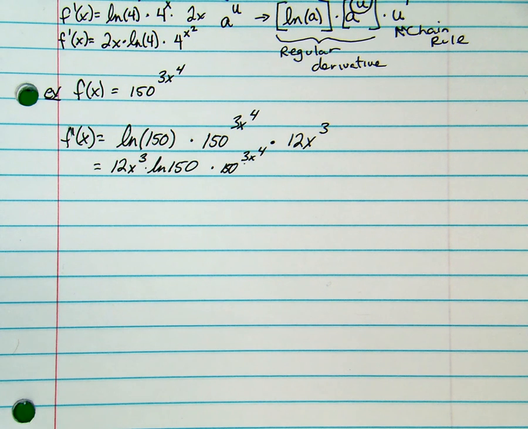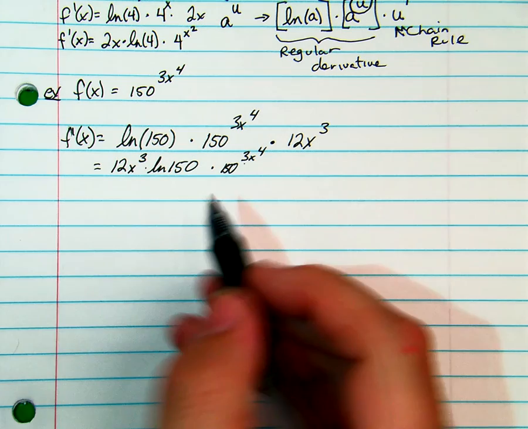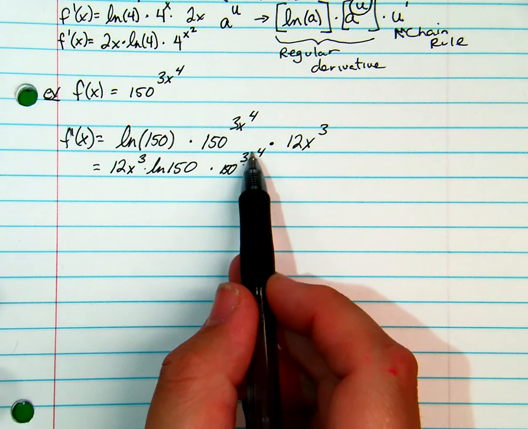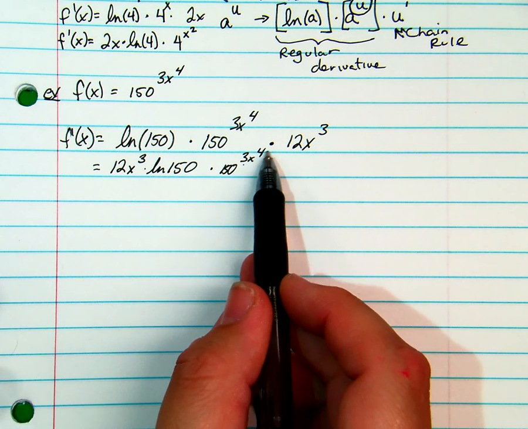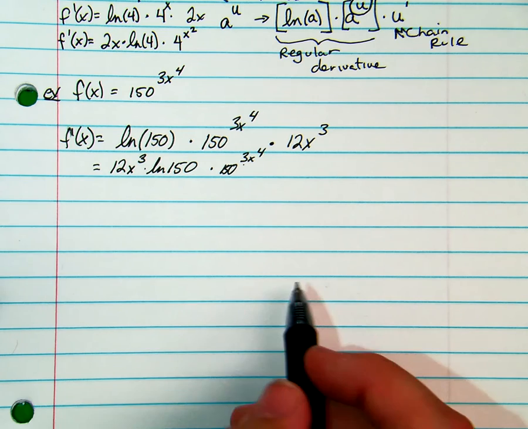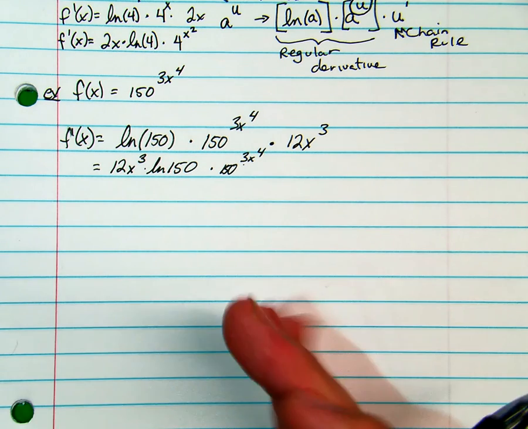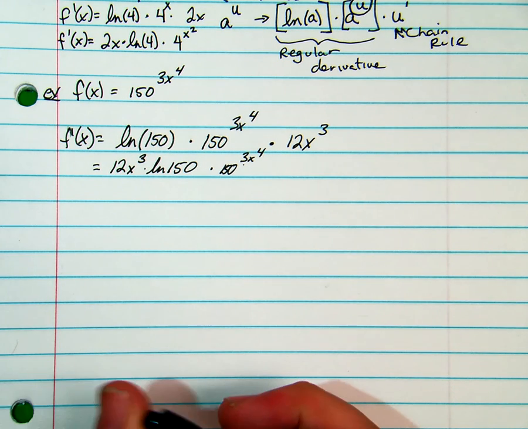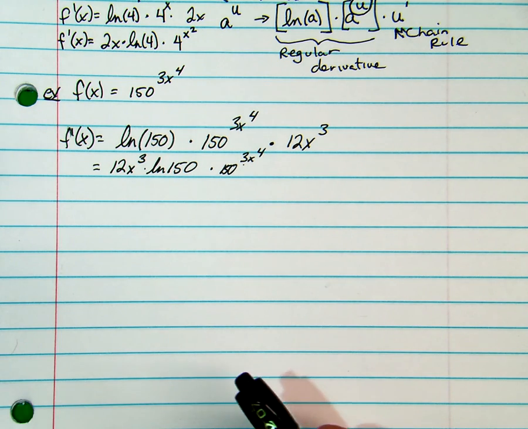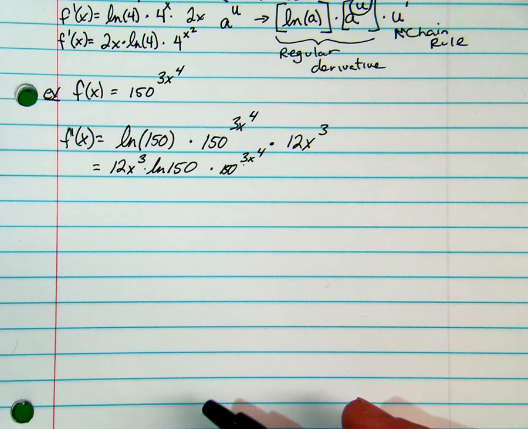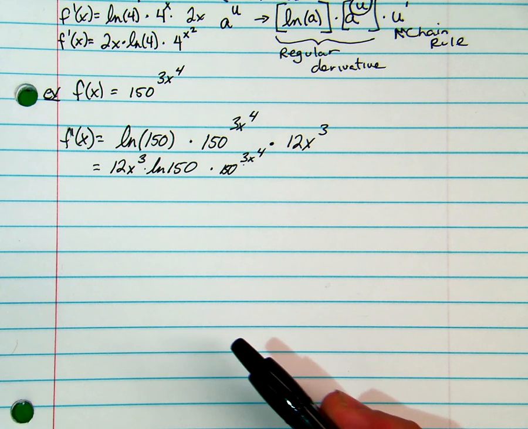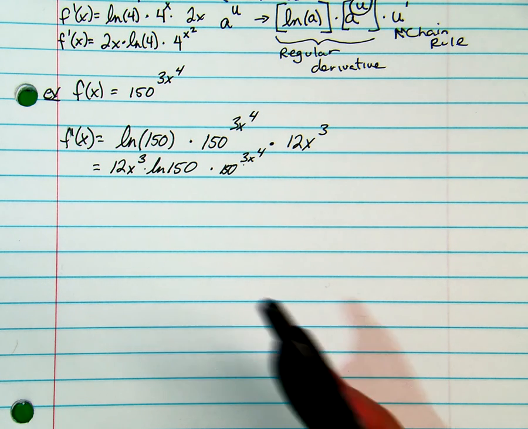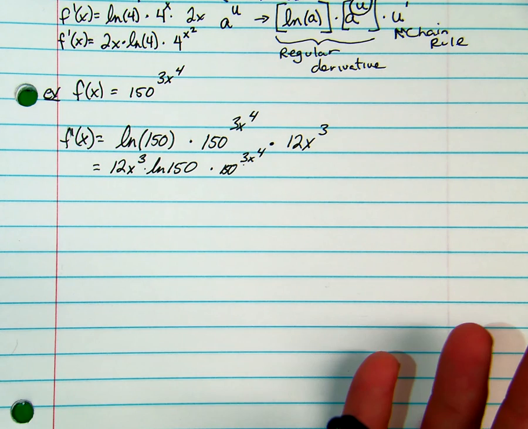But you could have said this is 150 to the 3x to the 4th power plus 10, plus 50, plus 90, plus a billion if you wanted to. If you wanted to totally be just one of those smart aleck math students, you could have said plus 5.2 times 10 to the negative 750th. You could have done something like that, and I would have said, ha ha ha, very funny, but you're right.